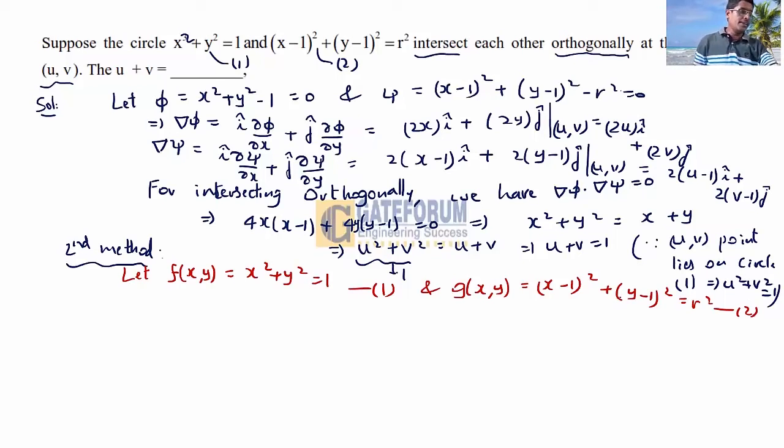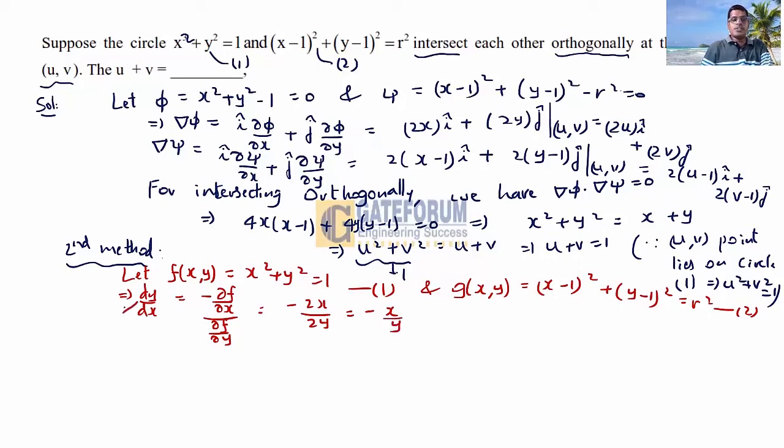So in this you will be getting dy by dx. So minus, according to partial derivatives, ordinary derivative procedure, minus dou f by dou x divided by dou f by dou y. So the partial derivative with respect to x is 2x, with respect to y is 2y, so you will be getting minus x by y.